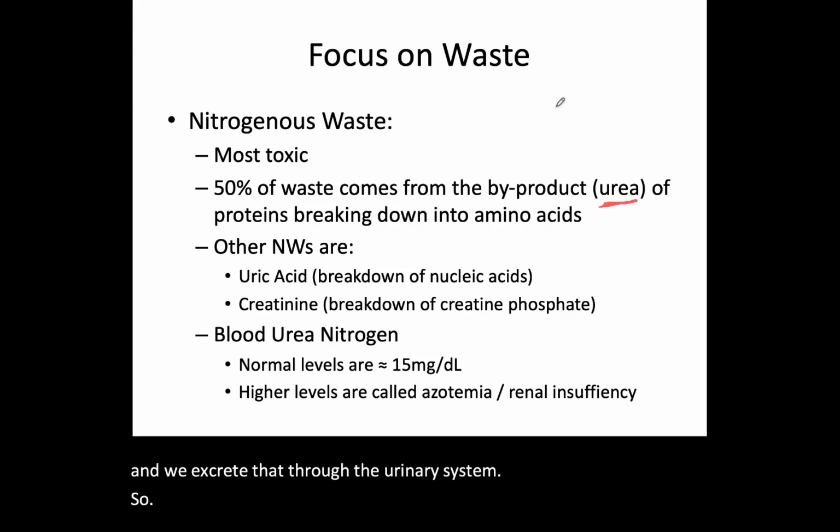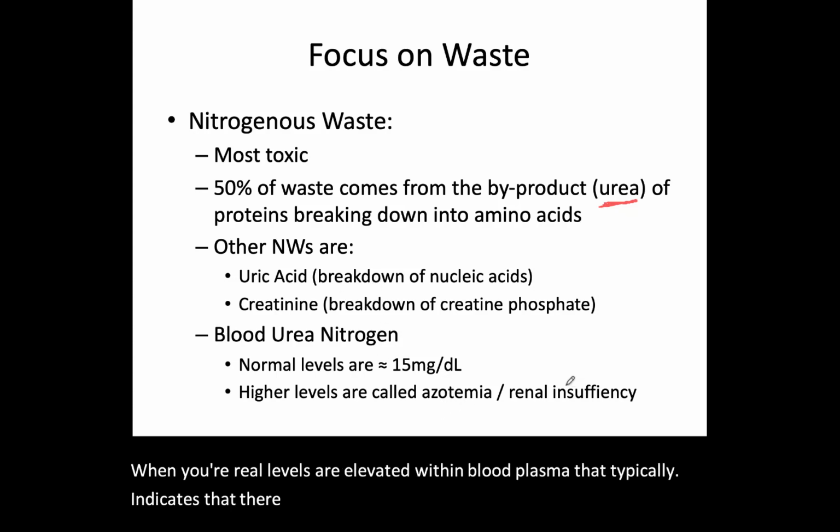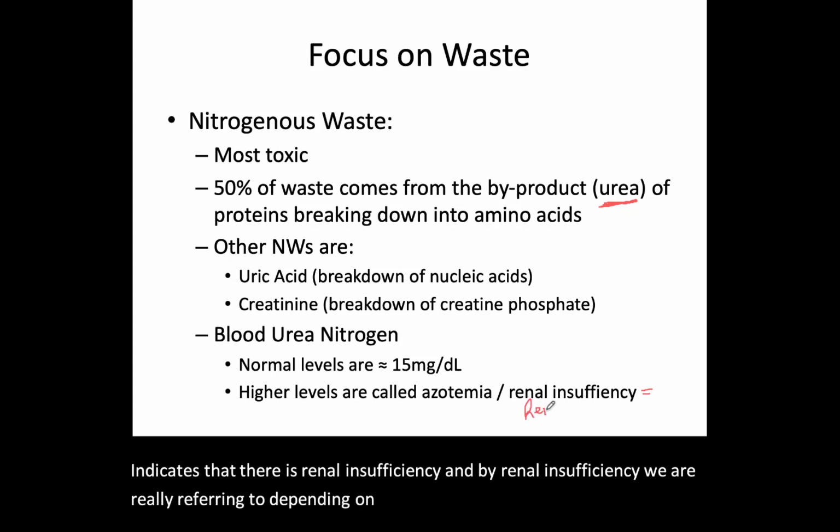So, when urea levels are elevated within blood plasma, that typically indicates that there is renal insufficiency, and by renal insufficiency, we are really referring to, depending on the stage, renal failure.